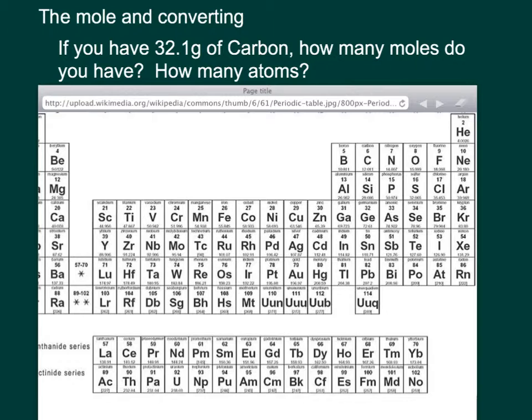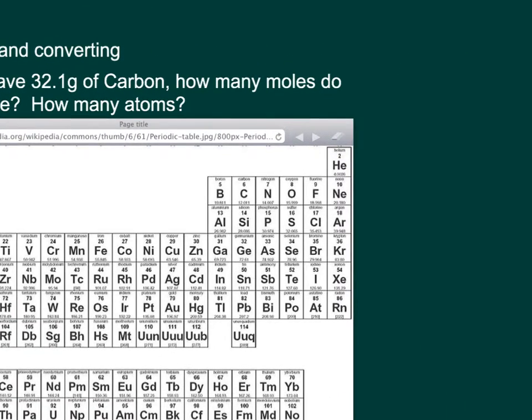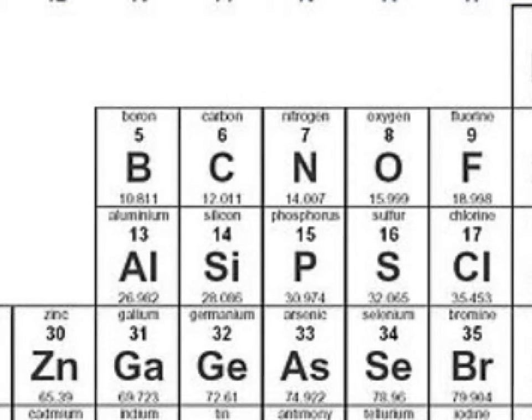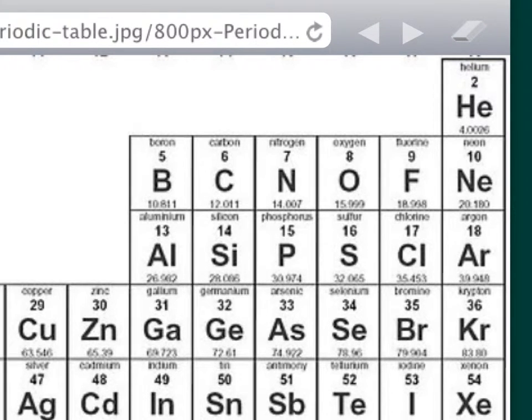So right here, if we pull up a web browser, I use this freely available periodic table on Wikimedia here, and you can simply go to the box that has the carbon in it, and you can see right here that carbon has 12.011 grams per mole.